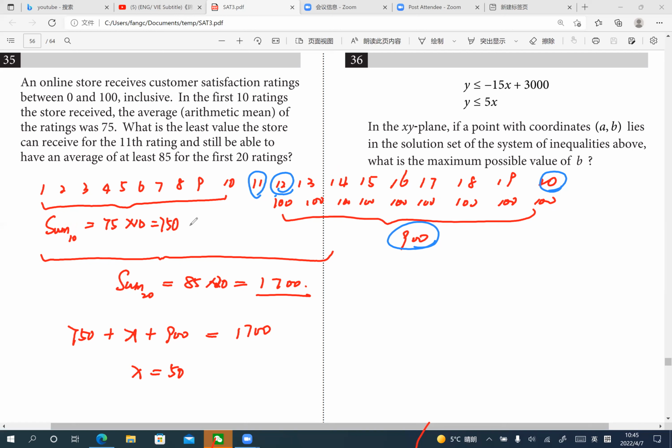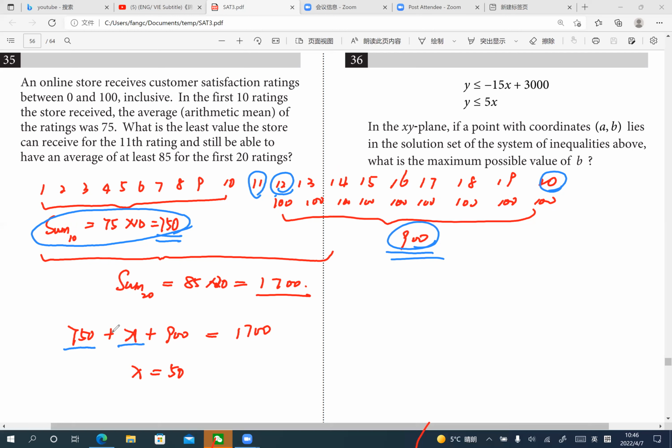So from the illustration, we can tell the first 10 numbers, the sum is 750. And the last 9 numbers, the sum is 900. So we can have our equation: 750, the first 10, plus x.